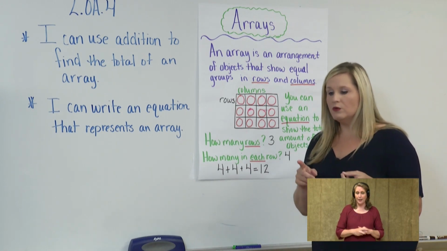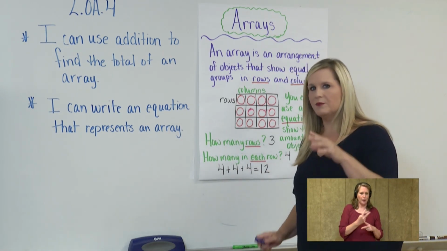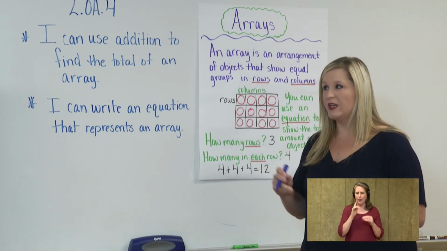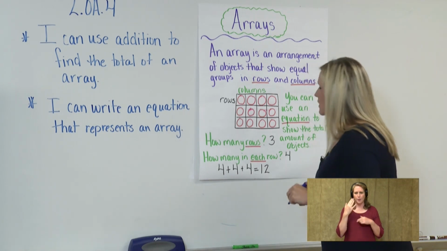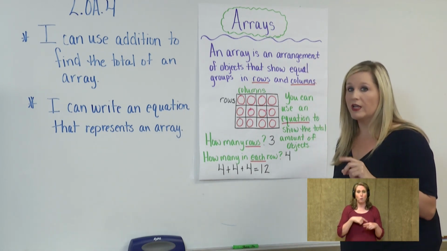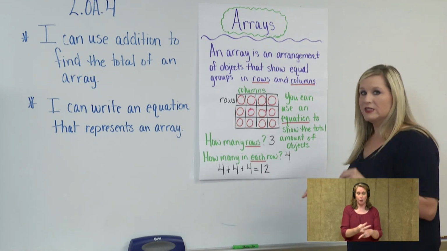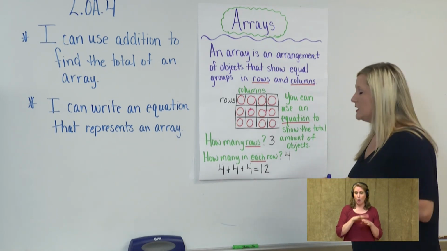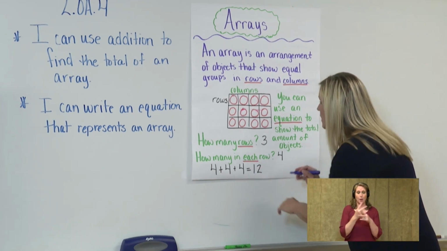Now remember I told you that we can also use arrays for multiplication too, but that's not something we're really going to talk about right now. We're going to talk about it a little bit, but you aren't responsible for knowing that in second grade. When you get to third grade, you will use arrays to do multiplication. You may have seen something like this on your iReady test. We could also write a multiplication equation for this array.